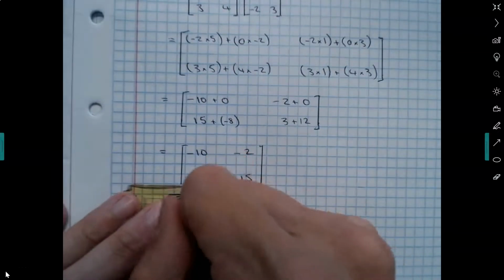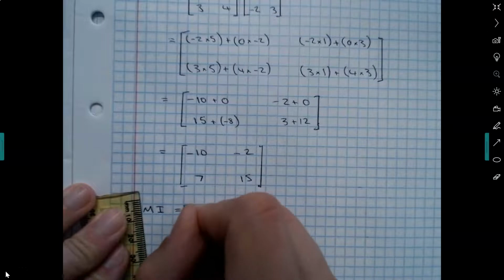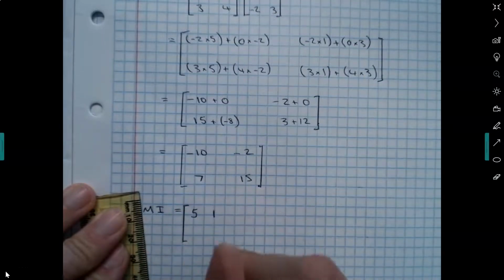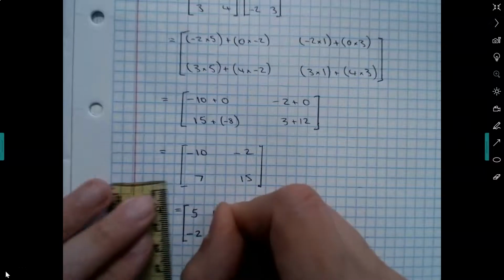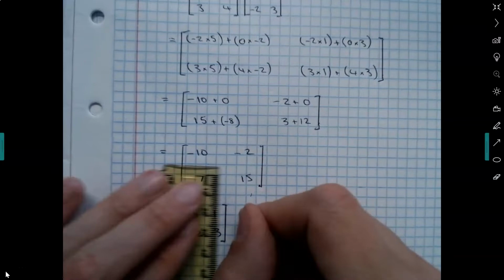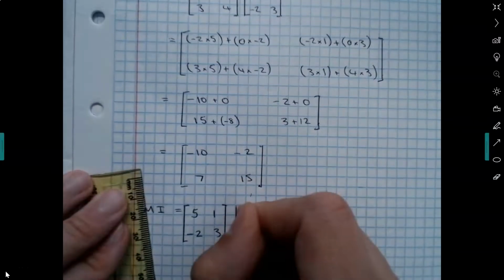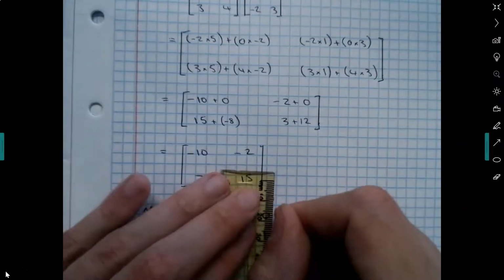So M is 5, 1, -2, 3. And I'm going to multiply it by I, 1, 0, 0, 1.